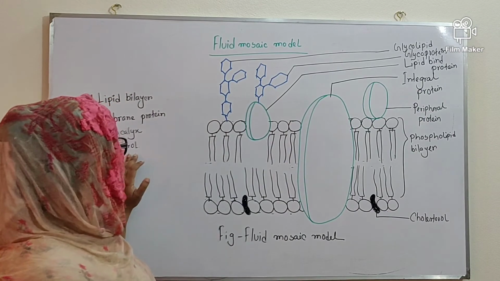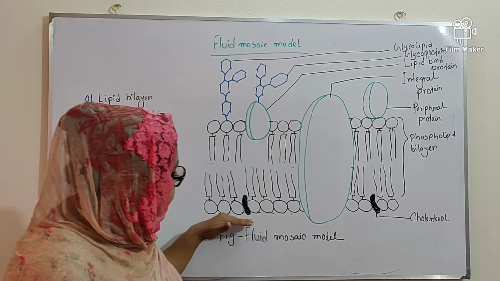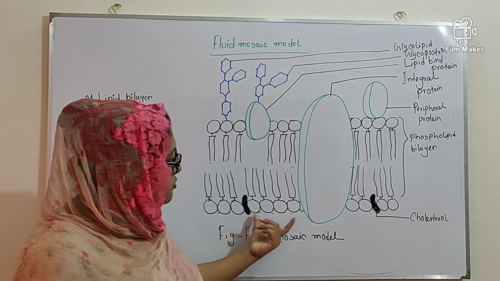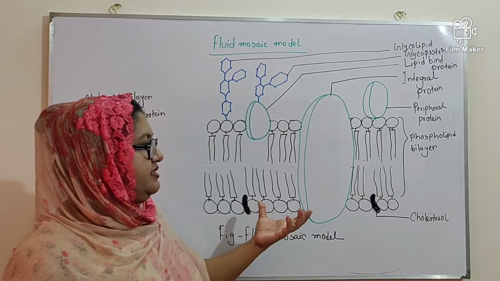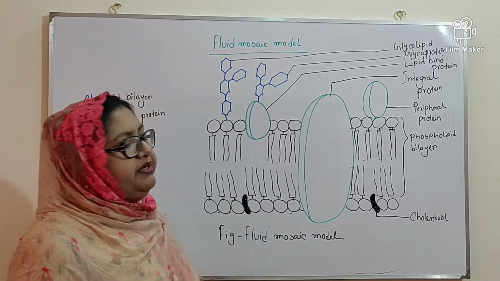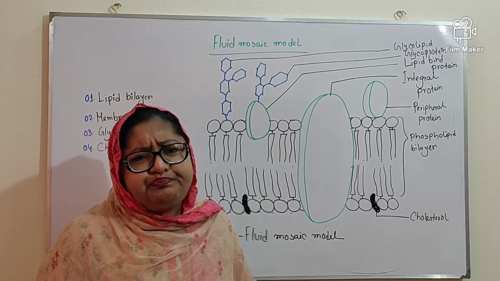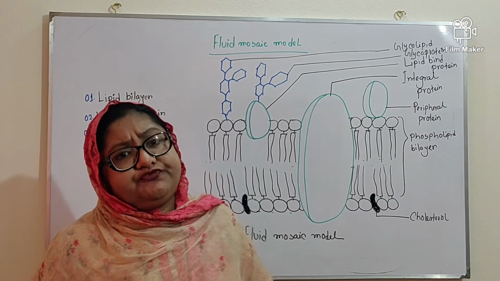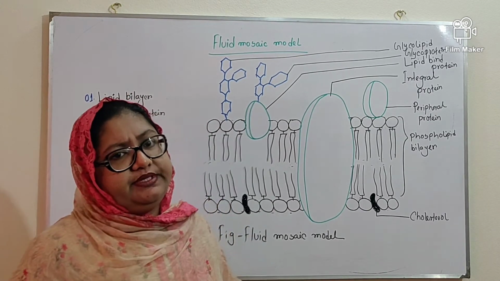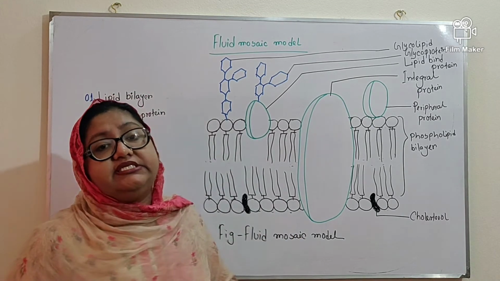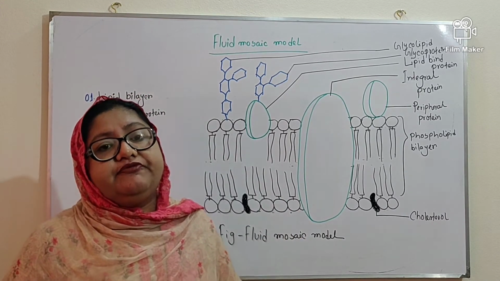Now, the last point is cholesterol. You can see there are different cholesterol molecules scattered in between the lipid layers. From research, it is found that the structure of the cell membrane is not solid, rather it remains in a semi-fluid condition.